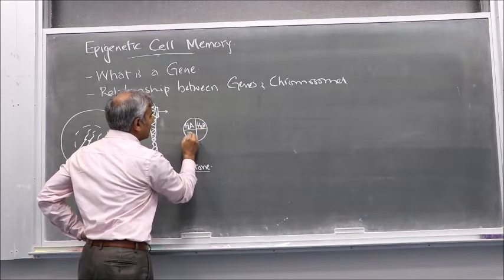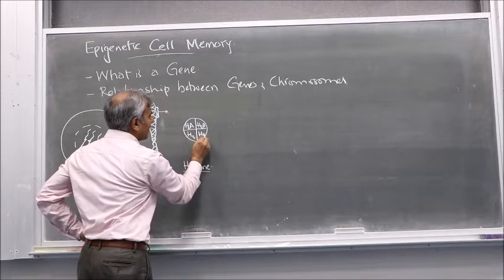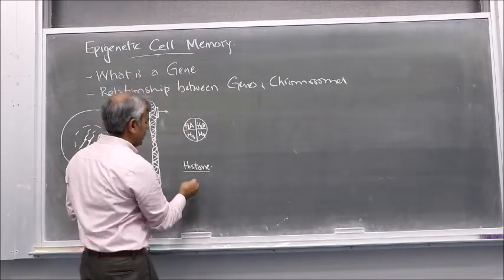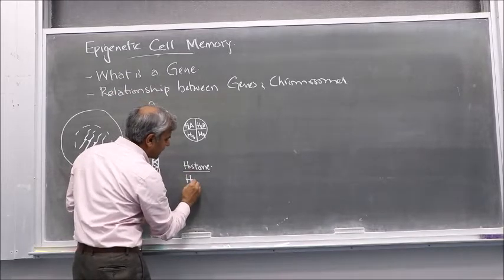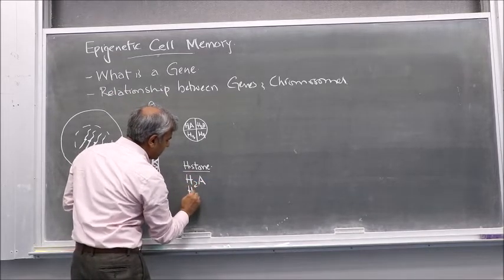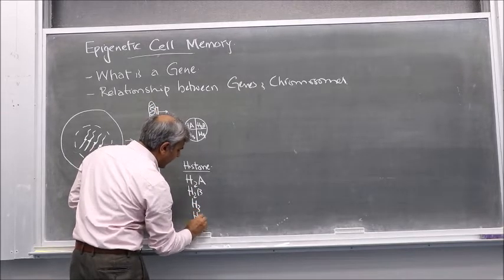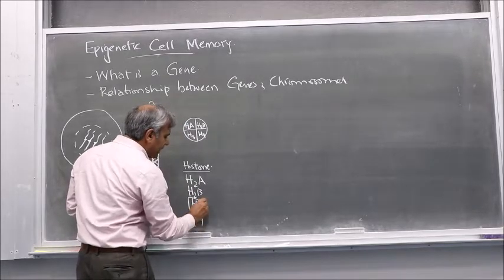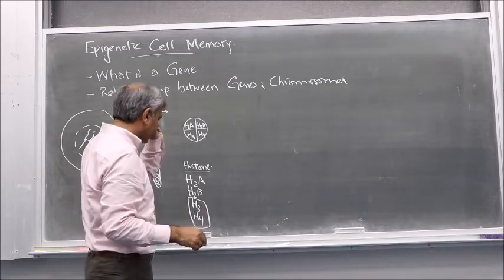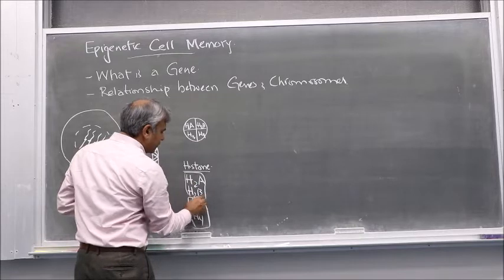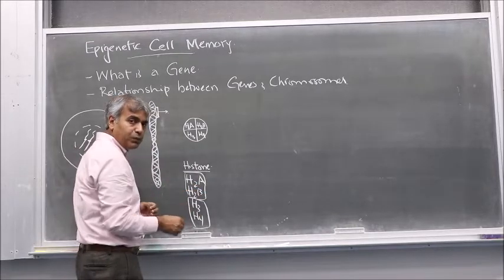The chromosomal histones are H2A, H2B, H3, and H4, 2 molecules of each. H3 and H4 make a tetramer, and there are two dimers of H2A, H2B.